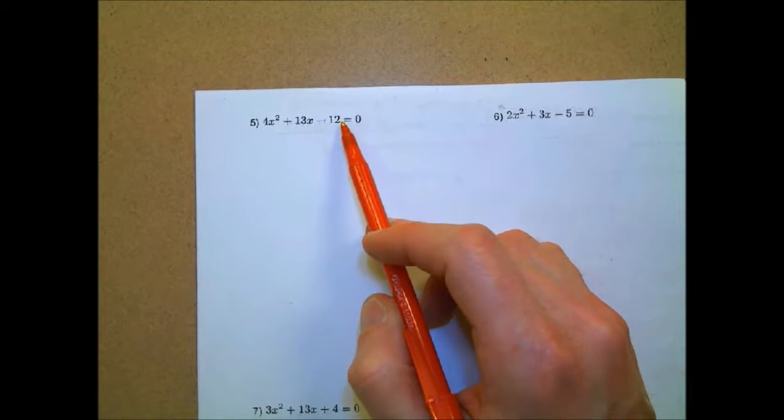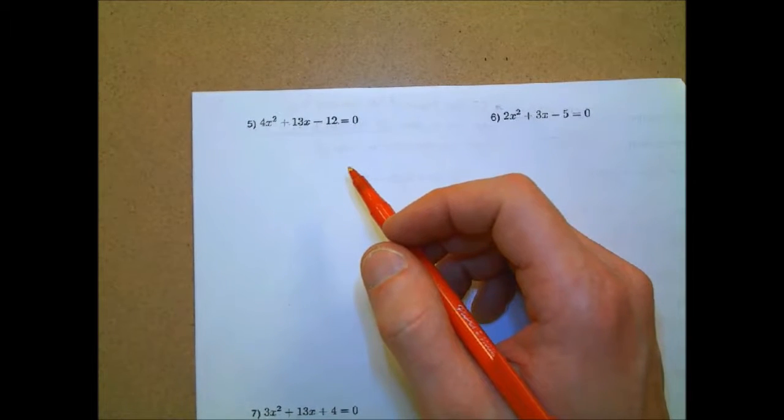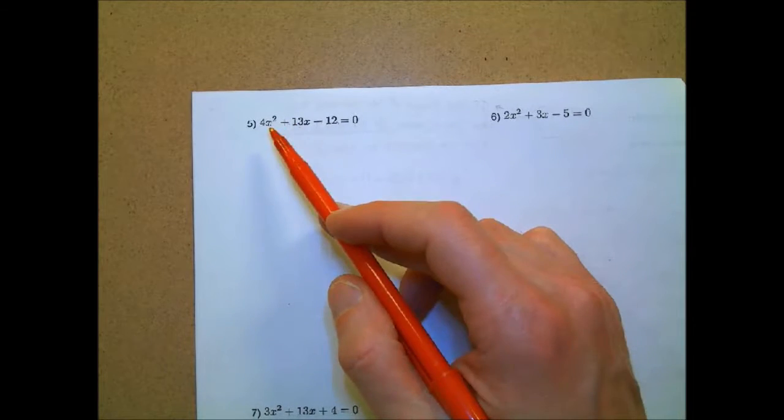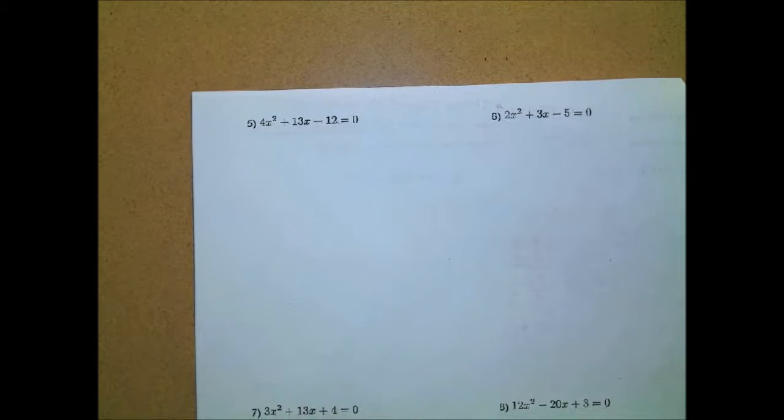Okay? It's equal to 0. Is that good? Yeah, we want it to equal 0, right? We want it to equal 0 for the zero product property. So how can I take this thing and make it a product? Well, go back to what we did in the warm-up. Haven't we taken trinomials before, factored them, and now they're a product? That's what we're going to do here.